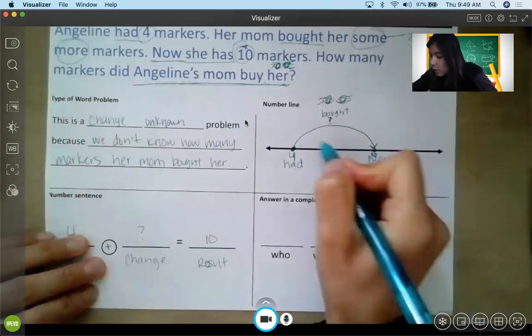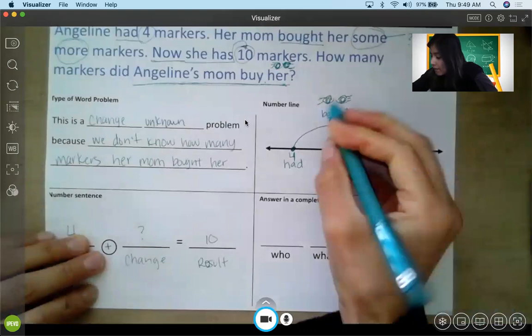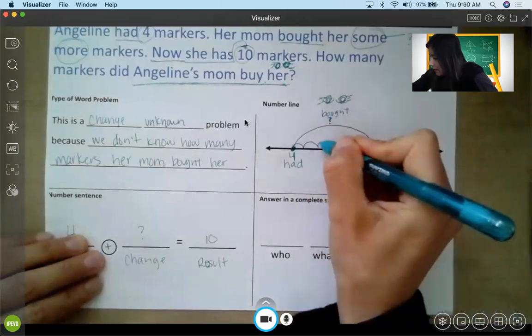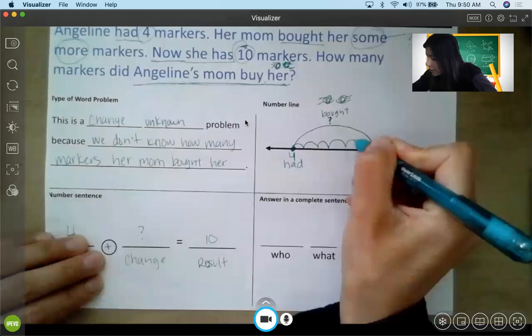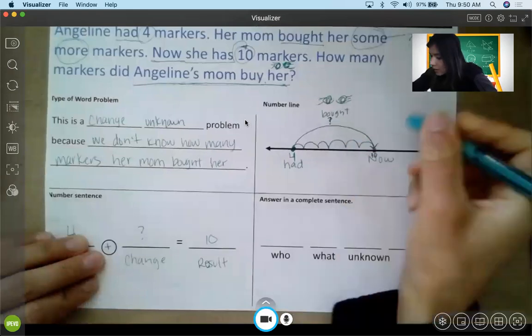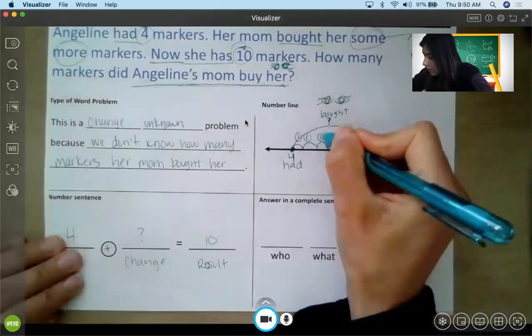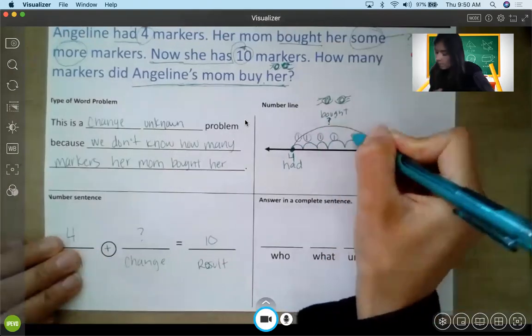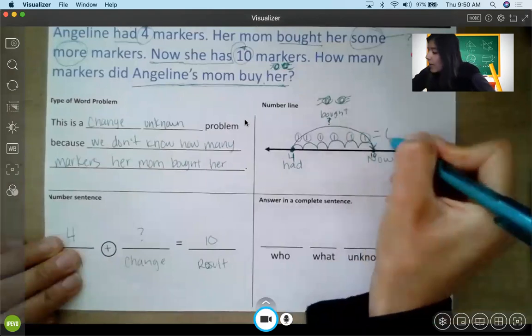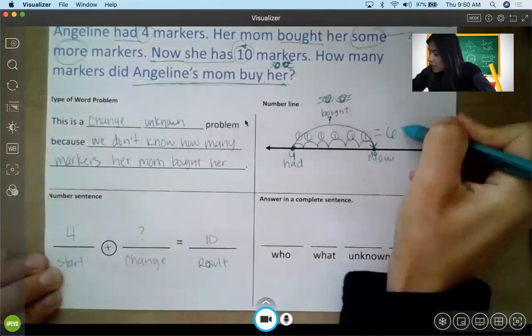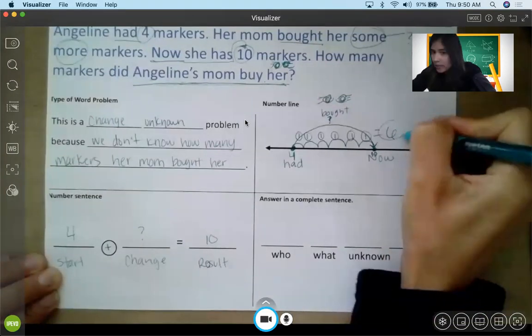So 4, 5, 6, 7, 8, 9, 10. There we go. Now we count our spaces. 1, 2, 3, 4, 5, 6. There we go. So now we know her mom bought her 6. So the unknown equals 6.